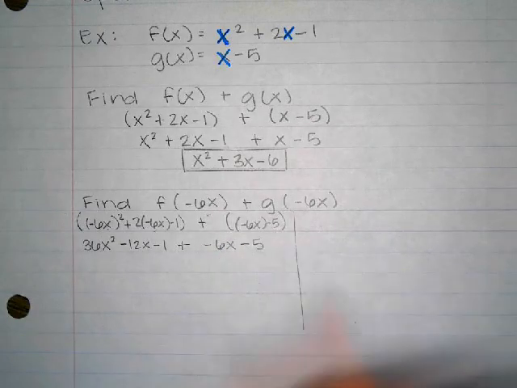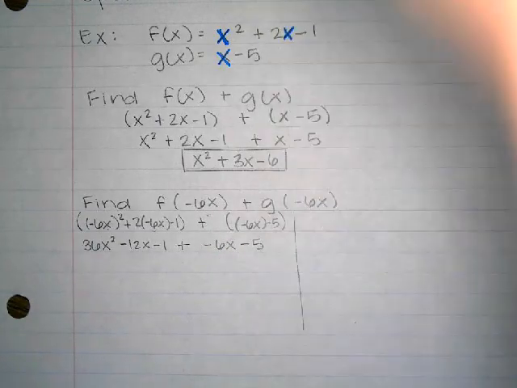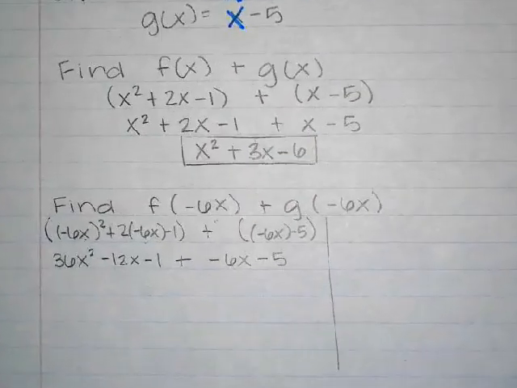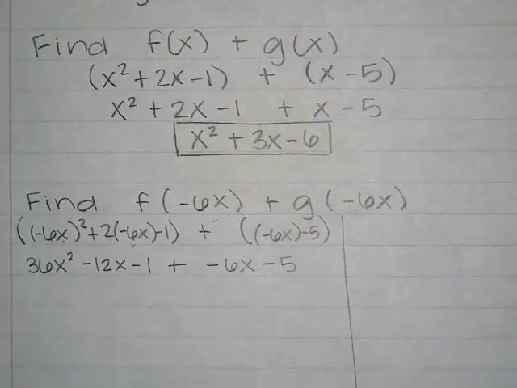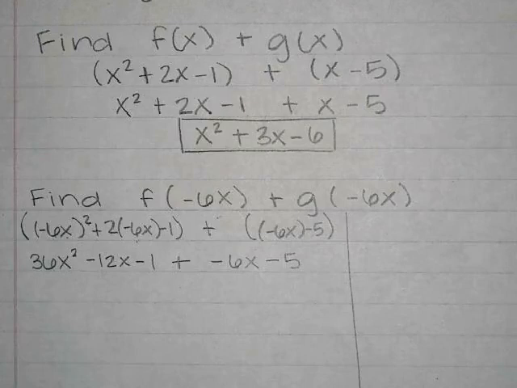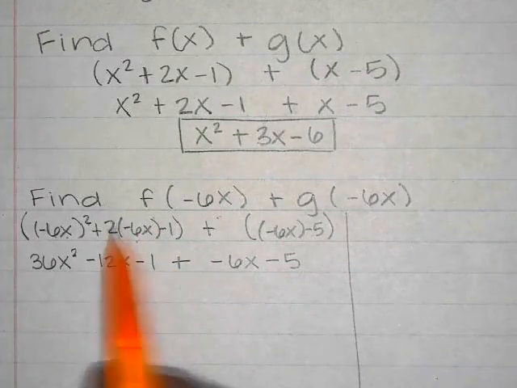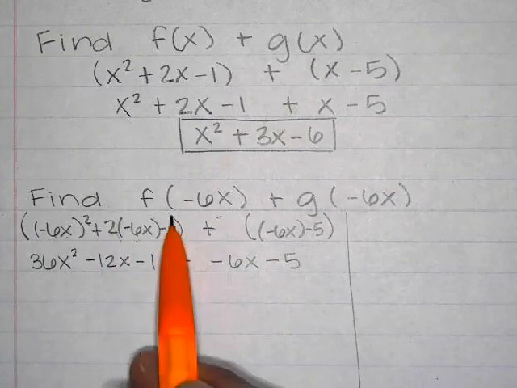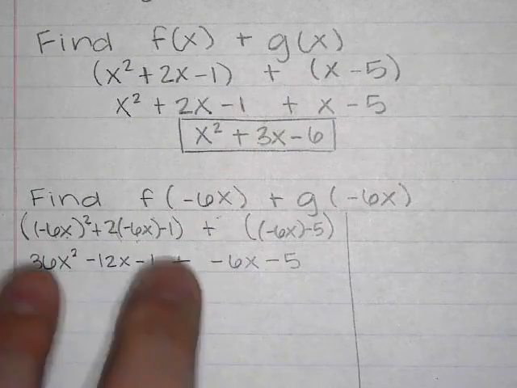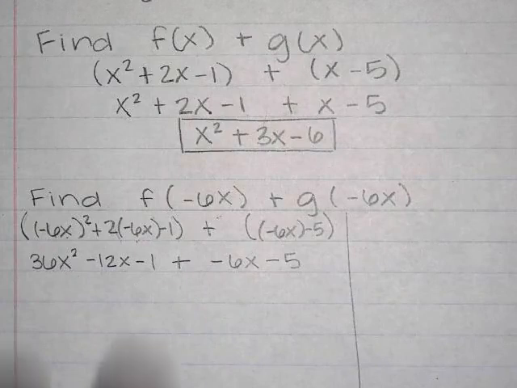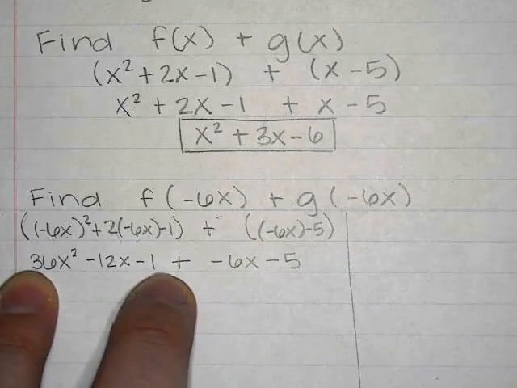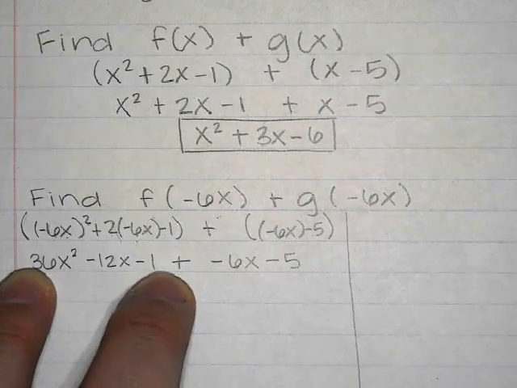All right, so now if I combine like terms, so this parentheses was just to multiply these two. These parentheses out here were just to say that this whole thing was f of x. So this whole thing was f of x. I don't really need them anymore. Okay.